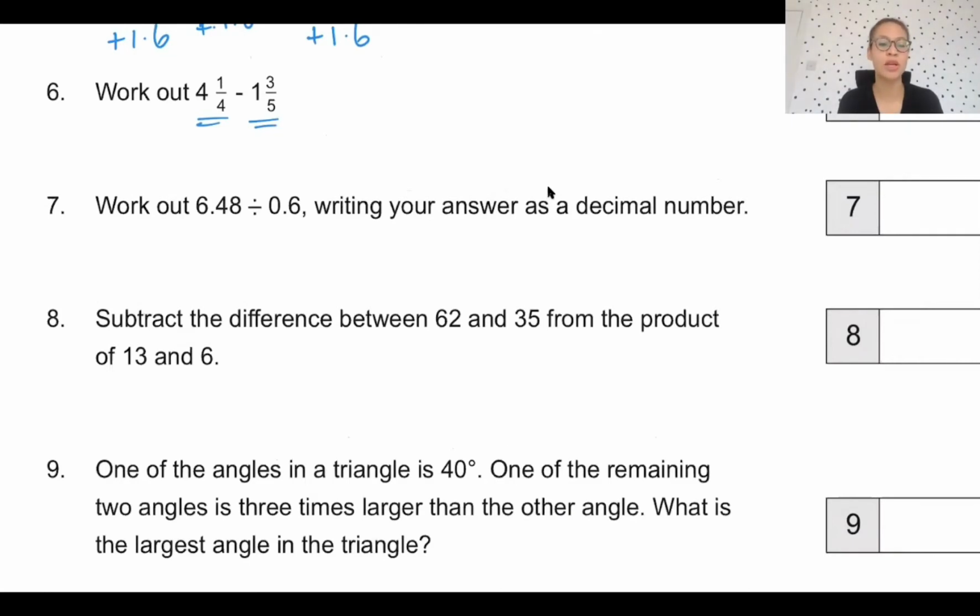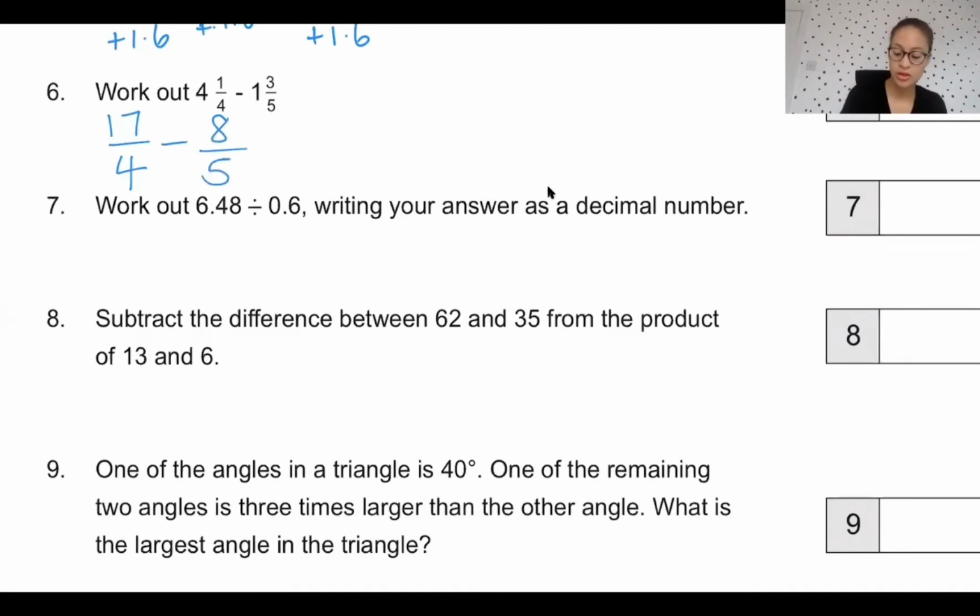Don't change the denominator. Yeah, so we've got the first one is 17 over 4, 17 quarters. And then the second number as a mixed number, yes, is 8/5.